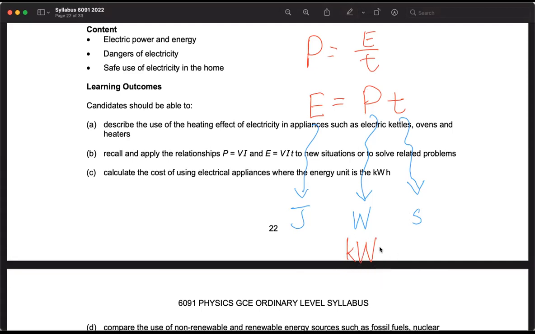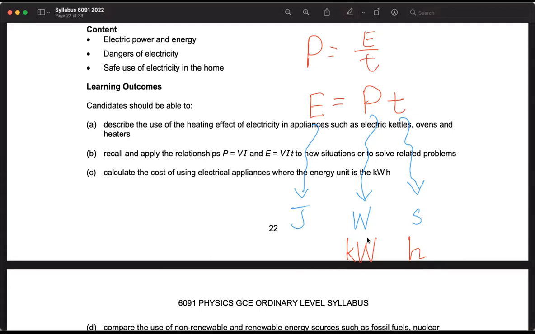So your number becomes 1,000 times smaller. Is that clear? Then, instead of seconds, we don't use minute, we use hour.